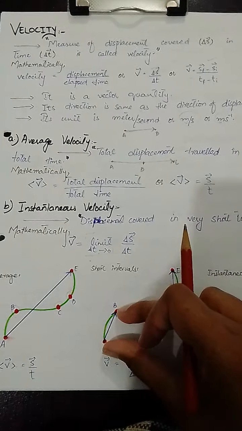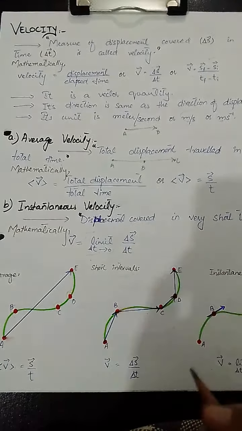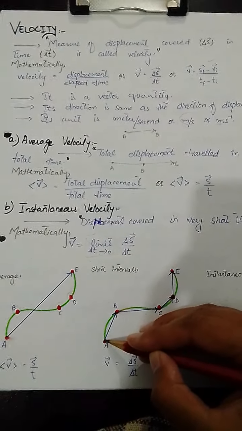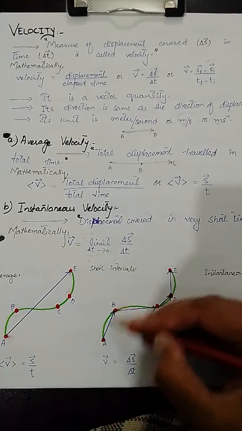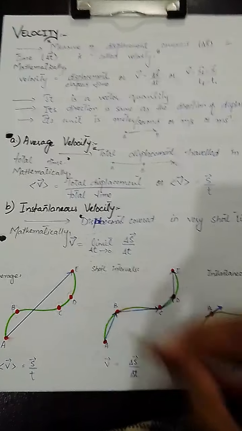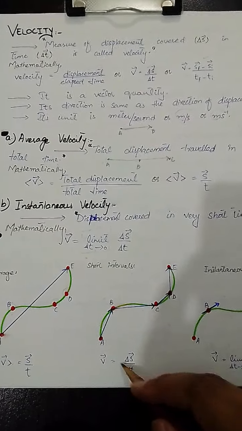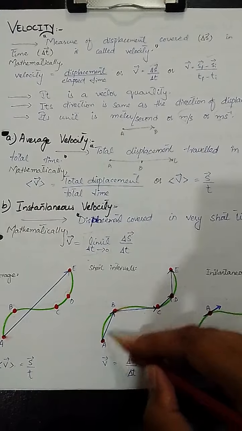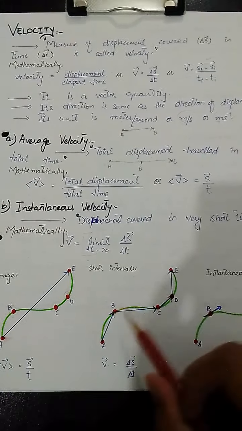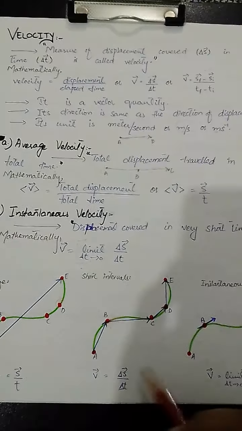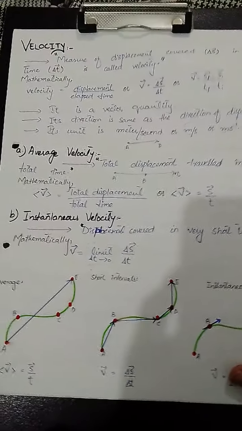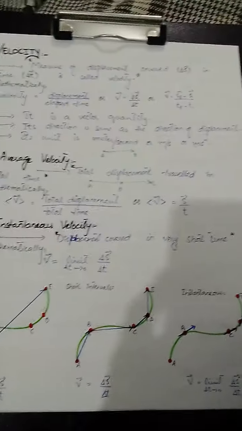So in this case the velocity from point A to point B is actually just the displacement from A to B in the direction of motion, right? So V equals del S, the change in displacement per unit time, right? So this becomes the velocity for short intervals.